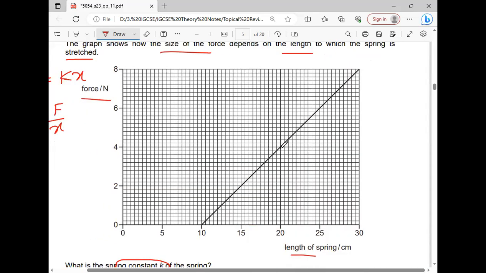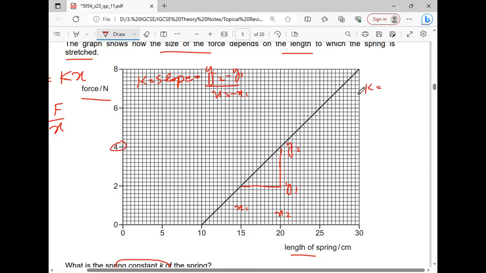I will consider this one. This is y2, this is y1, this is x2, this is x1. So K is equals to slope is equals to y2 minus y1 over x2 minus x1. Now we will substitute the values over here.